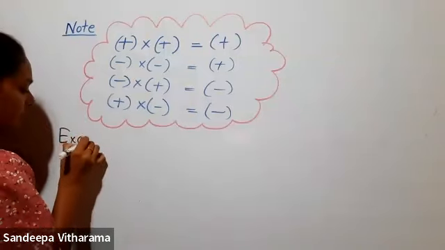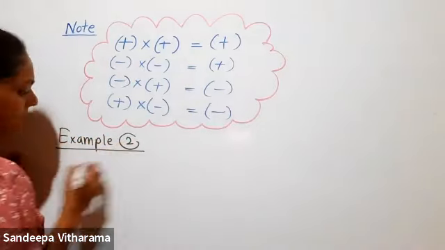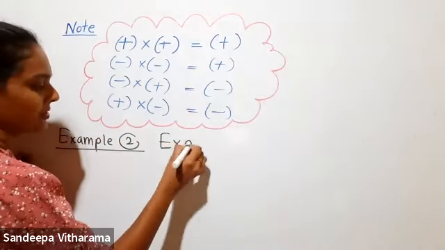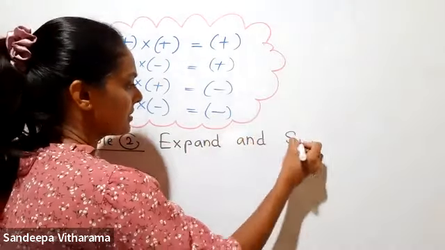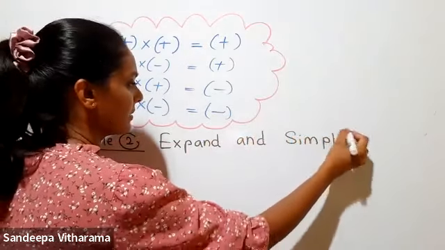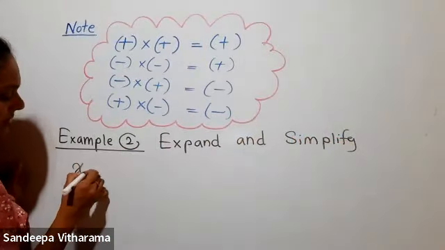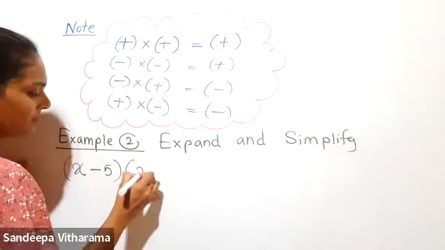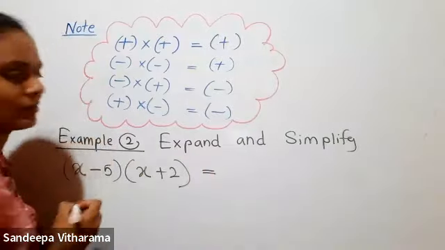Example 2. It is also given: expand and simplify. You have to multiply x minus 5 by x plus 2. Okay, look at what we do first.